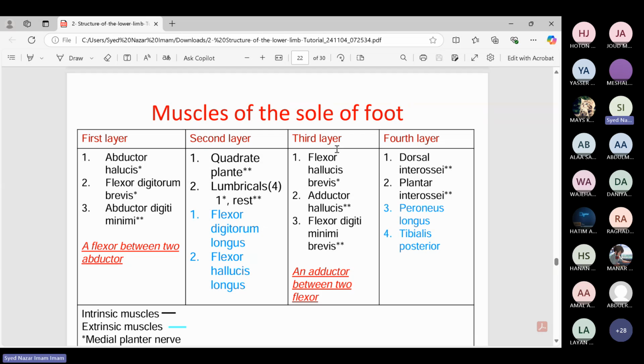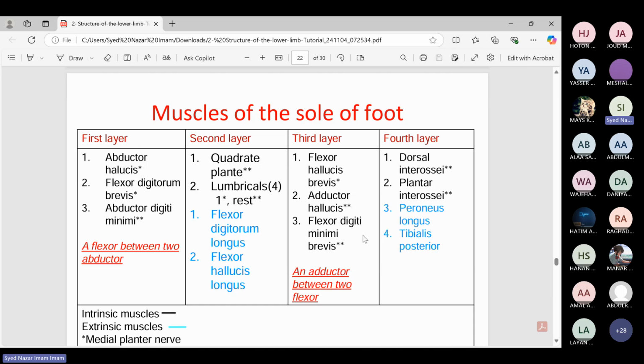The third layer again is intrinsic. Here we have an adductor between two flexors. What flexors do we have? Flexor hallucis brevis going to the big toe, flexor digiti minimi brevis going to the small digit, and in between these two flexors, we have adductor hallucis.